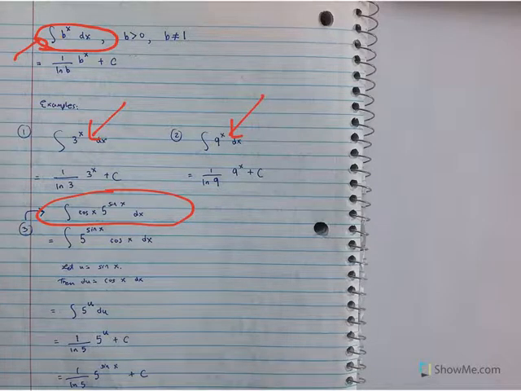But what you do see is an exponential function with base 5. So you would think, maybe I can use this rule. But you have to make a u-substitution. So let's see how that would work.